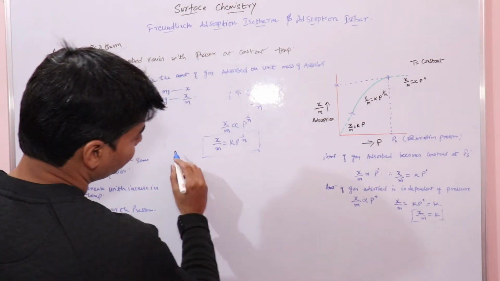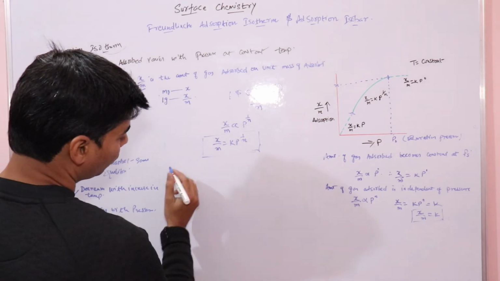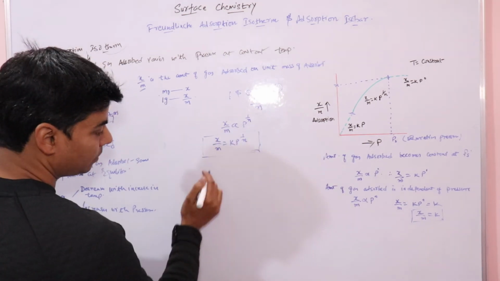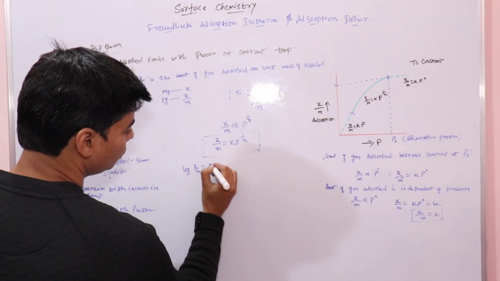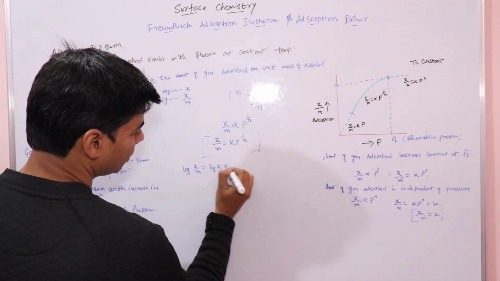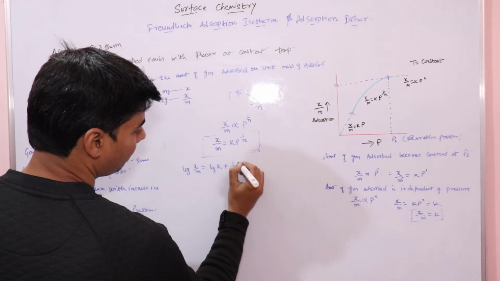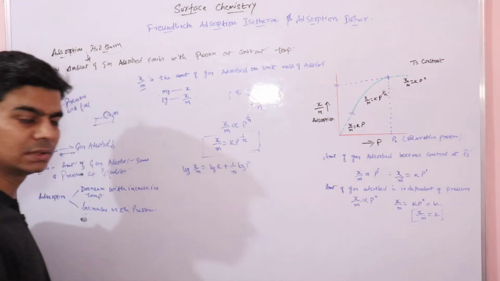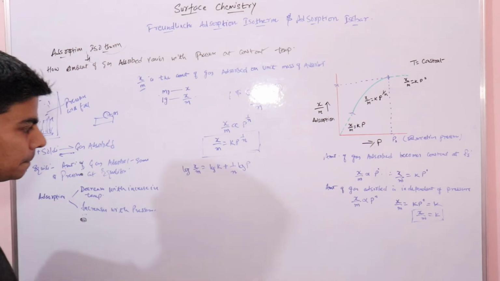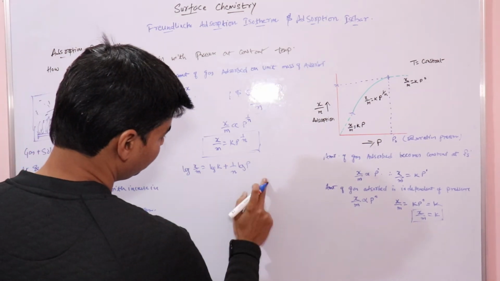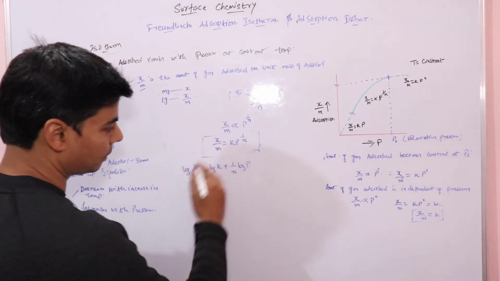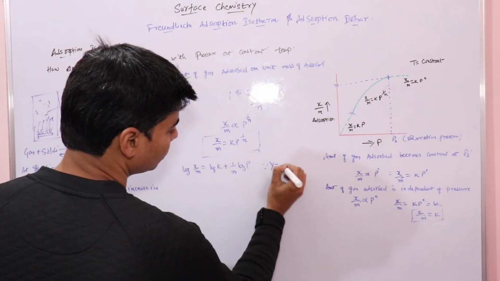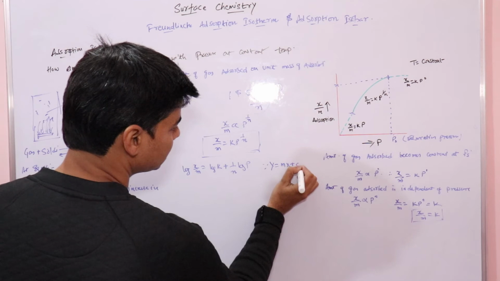In order to see if this relationship is valid, if it is correct, we'll take the log of this relationship on both sides. Log x upon m is equal to log k plus 1 upon n log P. This is simple mathematics of logarithm. On taking logarithm, this is of the form of a straight line, y equals mx plus c.